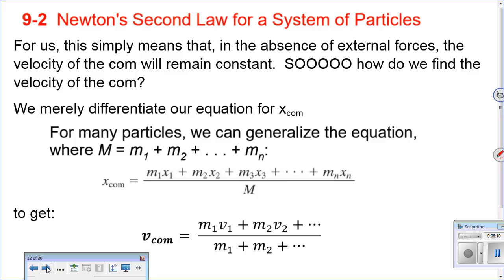So it's the exact same equation, except use velocity instead of position. This is how you find the velocity of the center of mass. The idea is this center of mass will follow Newton's laws, so if there's a net force that produces acceleration, that acceleration will affect this velocity.